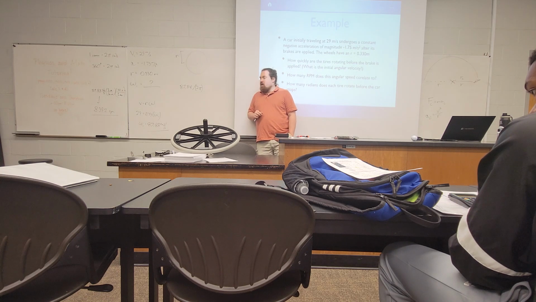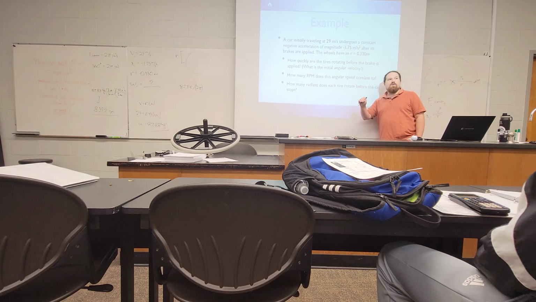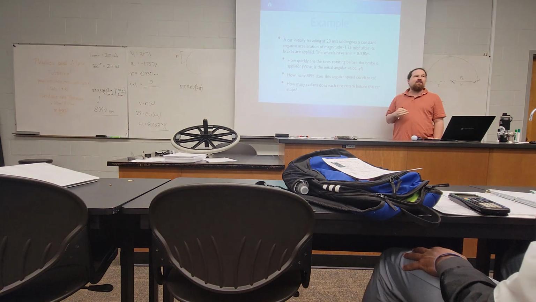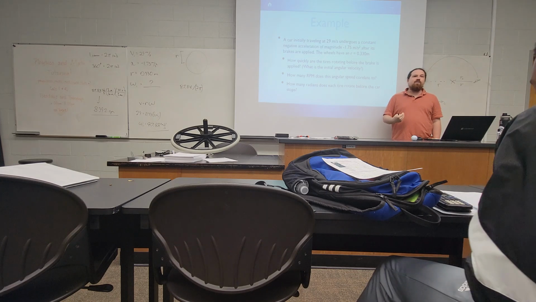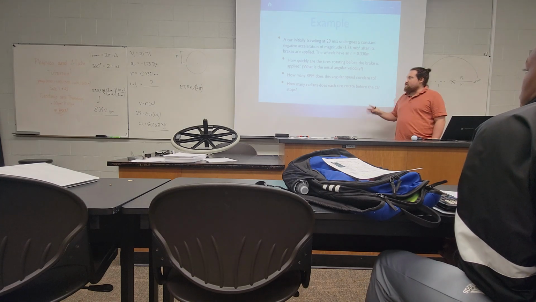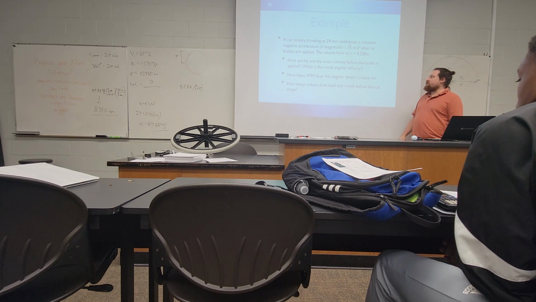All right. So, the RPM thing is mostly just to demonstrate the conversion. We're going to go back to radians per second because all of our formulas actually want radians per second. So the last question here is, how many radians does each tire rotate before the car stops?